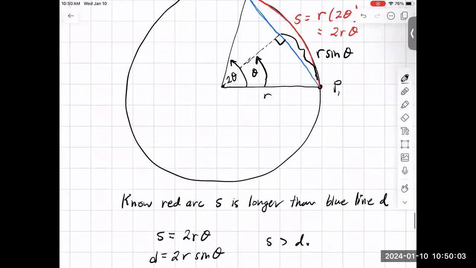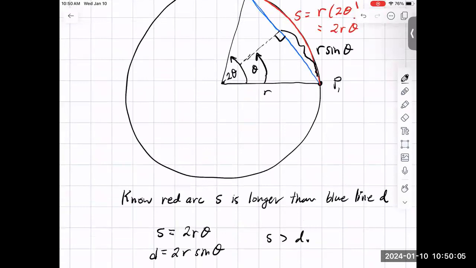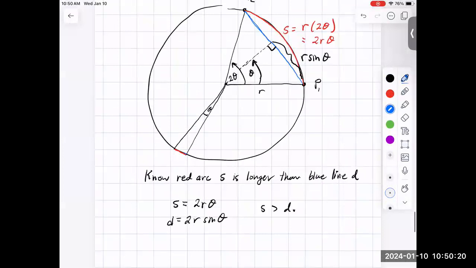Okay. So we have how much time? We have 30 seconds. So what I want to do then is think about a really small angle, like a small theta here. And if we have this red arc and this straight line distance between the two, in this case, the difference between the red arc and the blue straight line gets smaller.